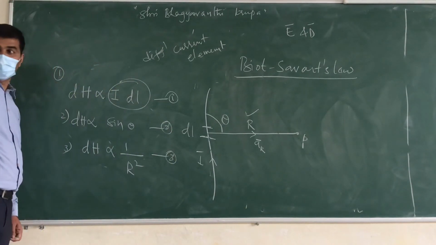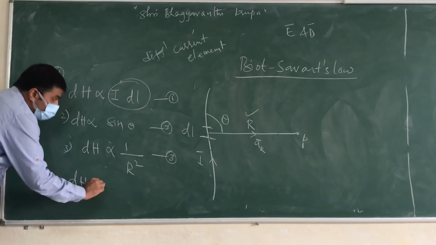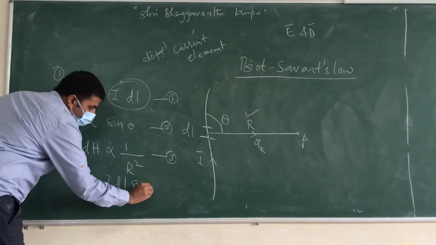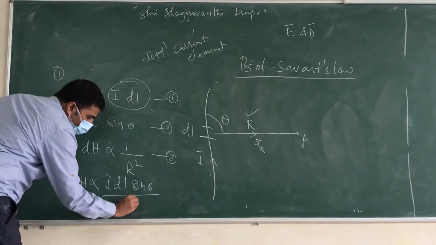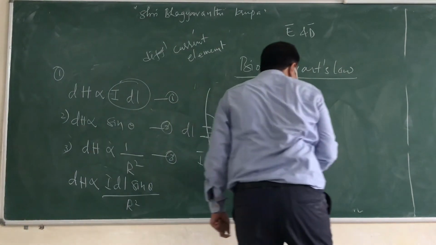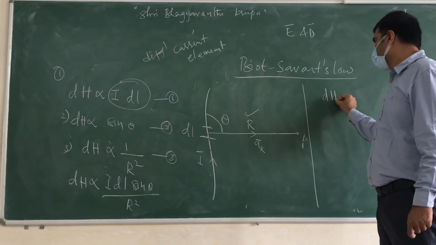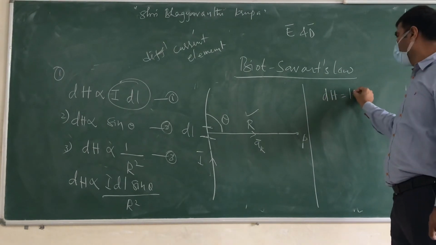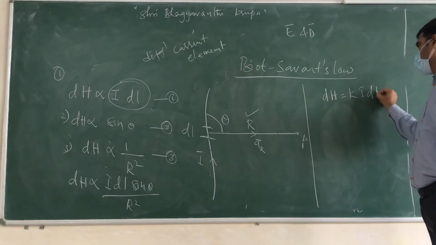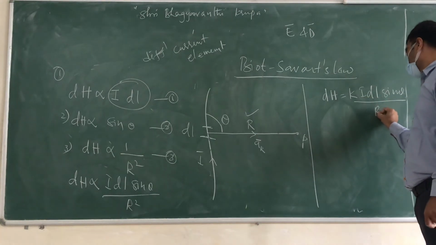Okay? Then we can write dH is proportional to I dl sin theta divided by R squared. Yes or no? Then I'll remove that proportionality sign and keep it as K times I dl sin theta divided by R squared.